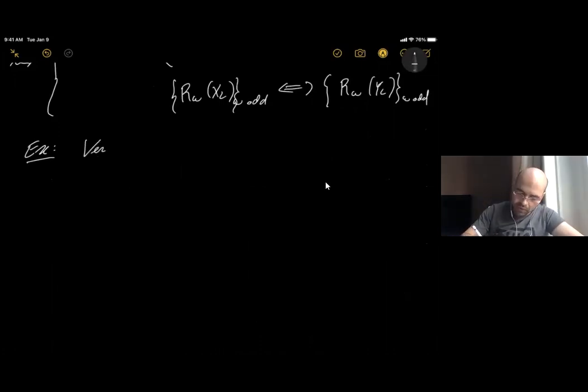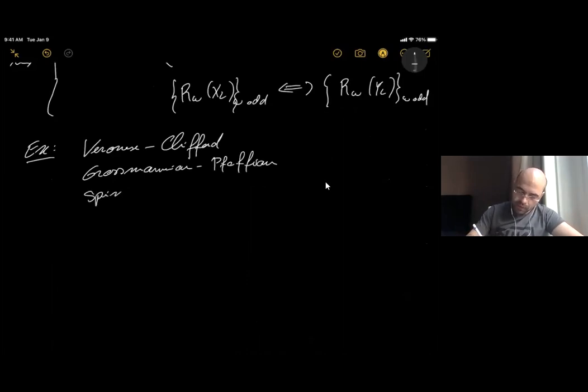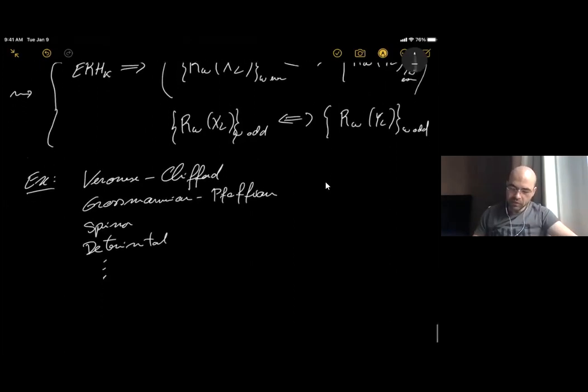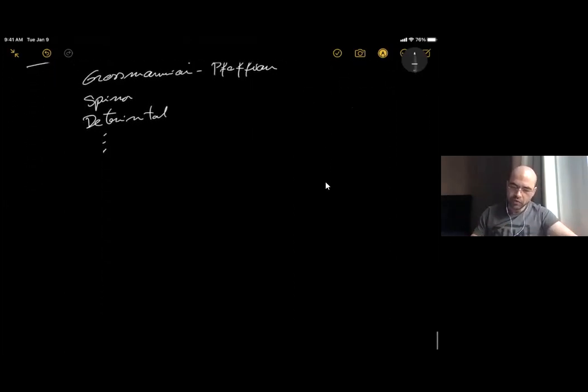For example, the Veronese-Clifford duality, the Grassmannian-Pfaffian duality, the Spinor duality, the determinantal duality, etc. So in many cases you actually have this strong link between the generalized Riemann hypothesis for two things which are quite different geometrically. Okay, so this is one possible application in commutative geometry.